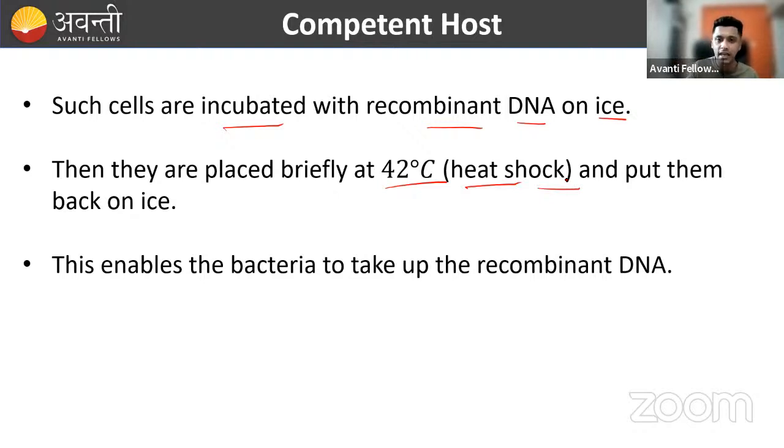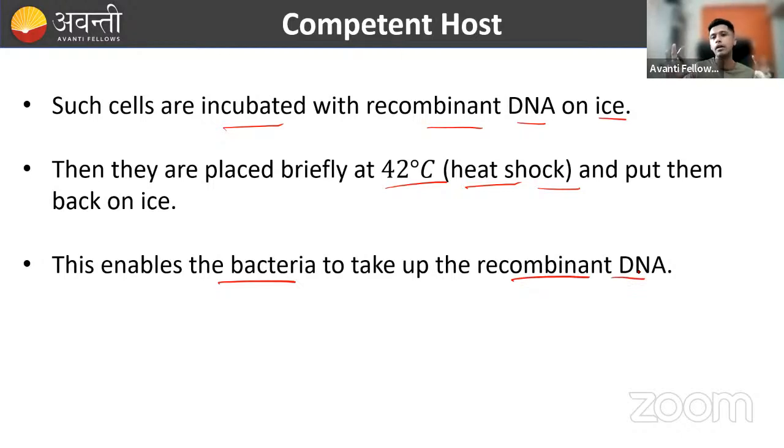When the cells are heat shocked and then put back on ice, the plasma membranes, for a period of time, become porous. As the plasma membrane becomes porous, it starts allowing charged molecules to move from the outside environment to the inside. This enables the bacteria to take up the recombinant DNA from outside to inside.